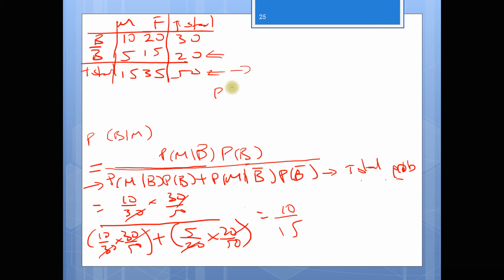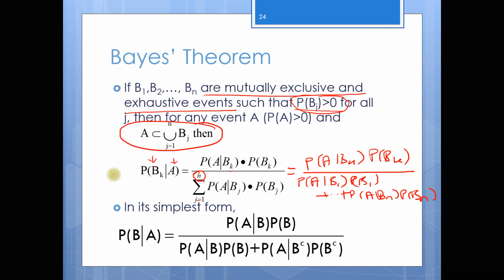Now let's have a look at Bayes theorem. It says the probability of BK given A. What is BK? There is a subscript used there. It's one of the different possible values of K for B. B can take different possibilities, let's suppose n different possibilities.